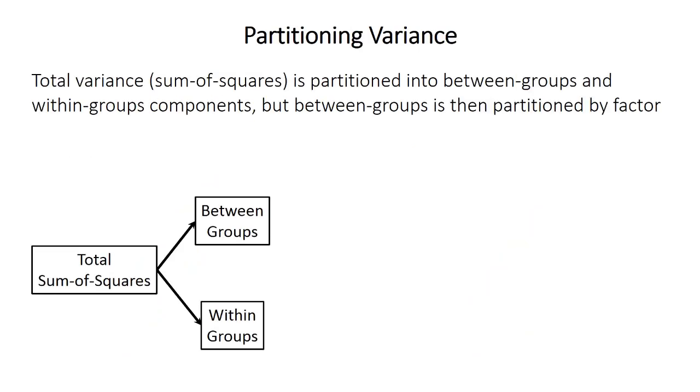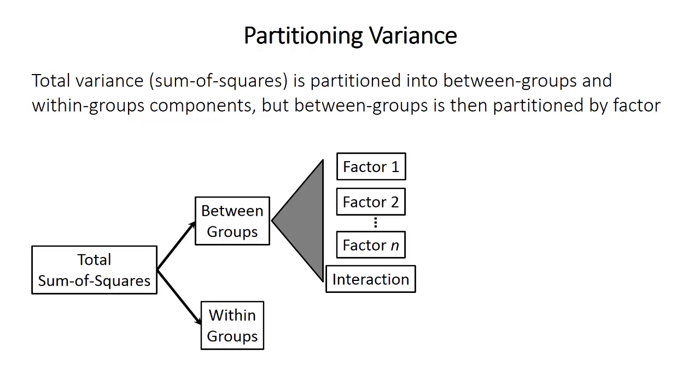So the process of how this works is actually very similar to one-way ANOVA. The total variability, variance, or sum of squares, is first partitioned into the between groups component, which basically measures the differences between the group means. Smaller differences meaning it's more likely that they came from the same population. Bigger differences meaning that's less likely. And there's also the within groups component, which basically measures the scatter within the groups.